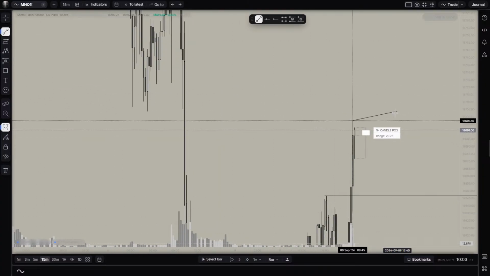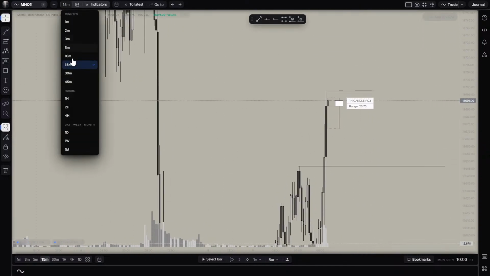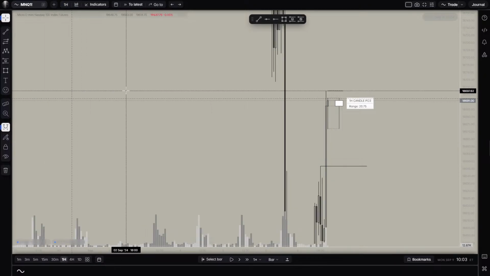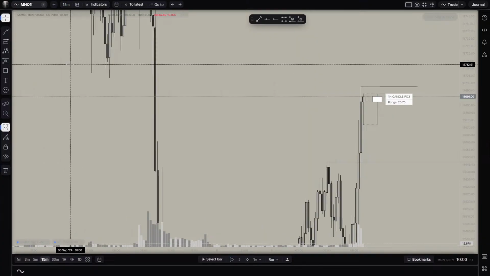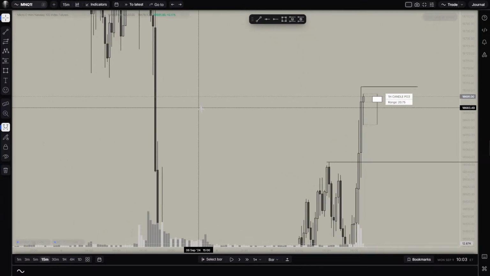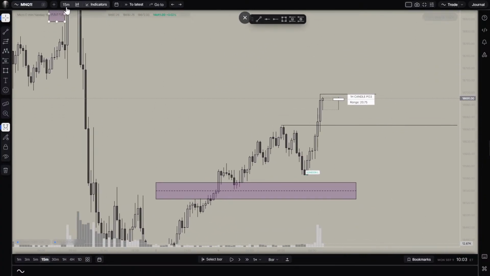This gap seems really good. You can get a tap and a retracement. Let's see. Price is utterly bullish.